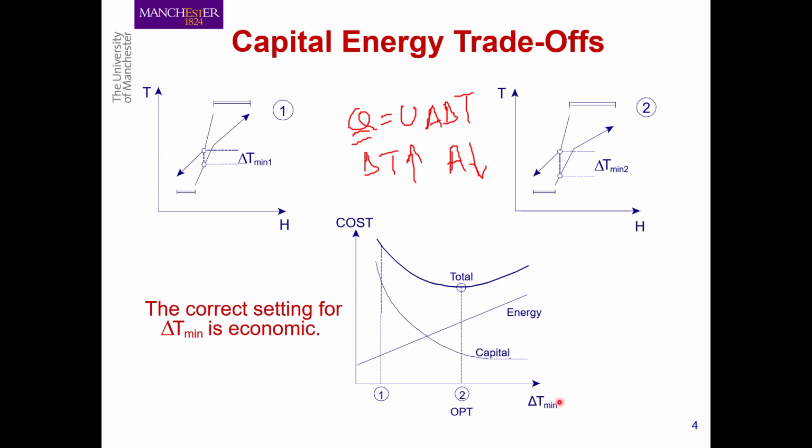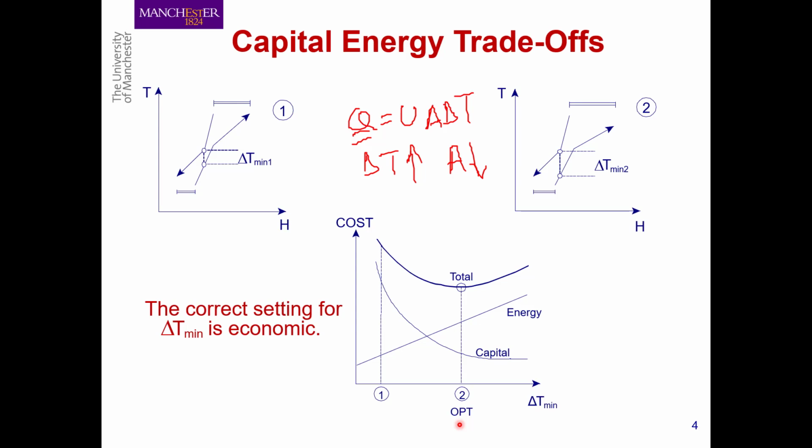That delta T min is what we call the optimum delta T min. As such, we can reduce the cost of our system or the total energy requirement, because at the end of the day we are running a business. It's an industry, so they want to reduce their operating and capital cost.